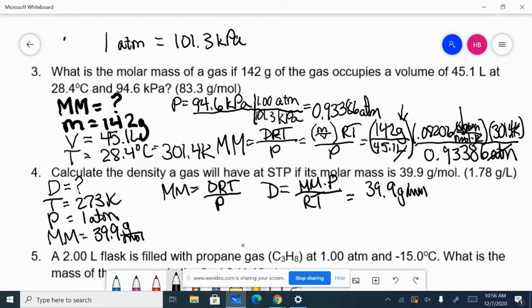Now I'm just going to fill in what I do know. And then after I fill in my knowns, I'm going to check that my units all cancel out.